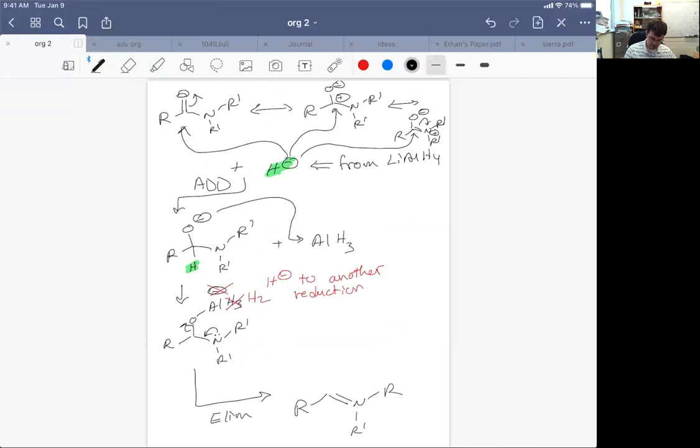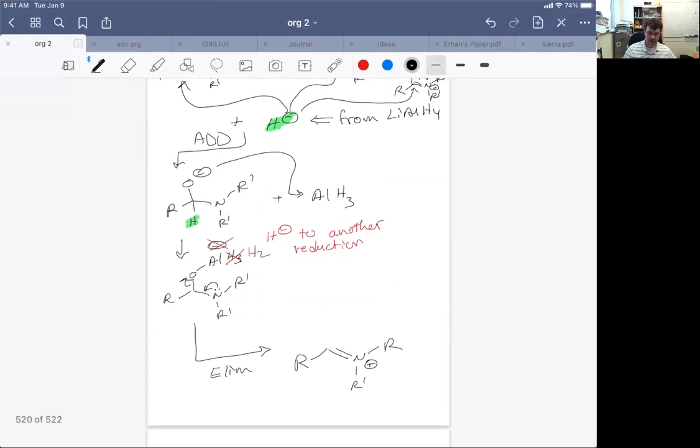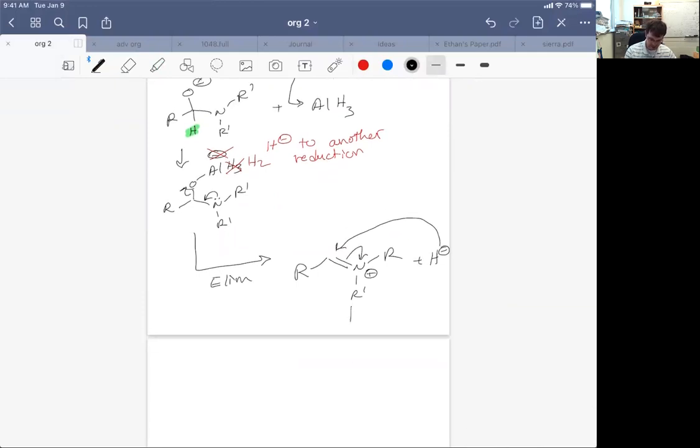And when we do this, we get an aminium species that can react with another hydride nucleophile from the lithium aluminum hydride to give us our product.